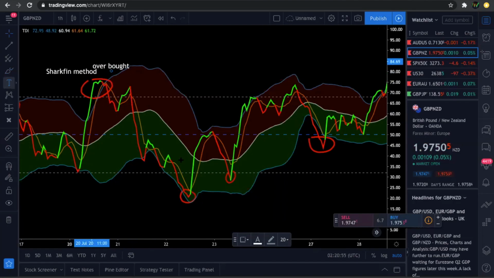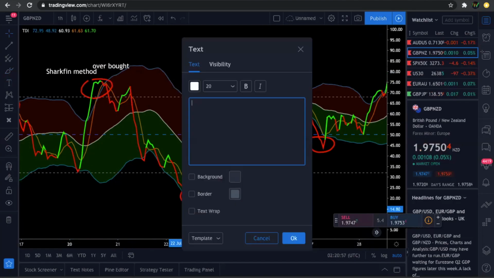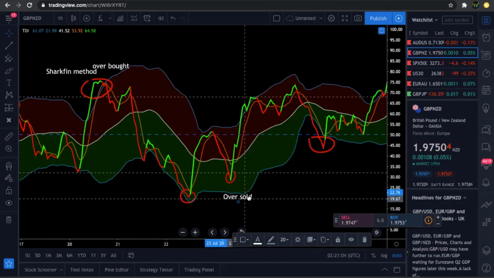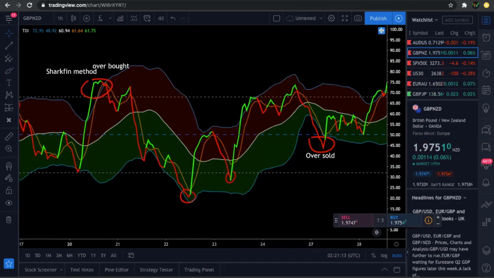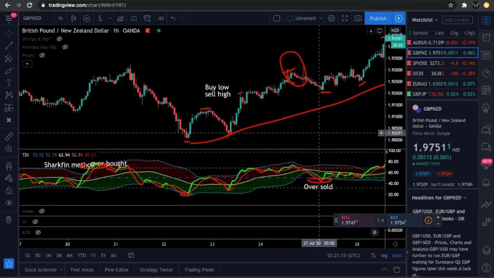Now, when you see it on the bottom, it means that a stock was oversold. Now, why is this important to us? Because we want to enter at a low, right? We want to buy at a low and sell at a high. So that's why this tool is so important to us, okay?